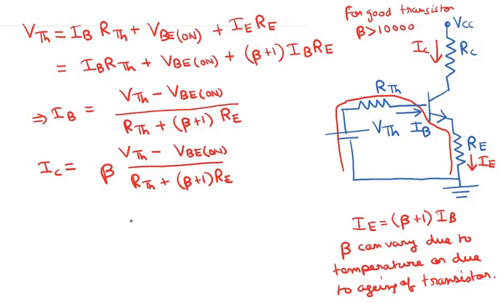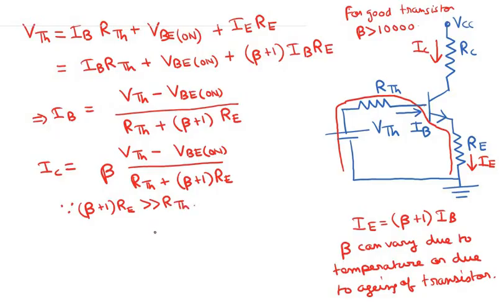In that case, if beta is of the order of 10,000, then beta plus 1 times RE should be much greater than RTH.